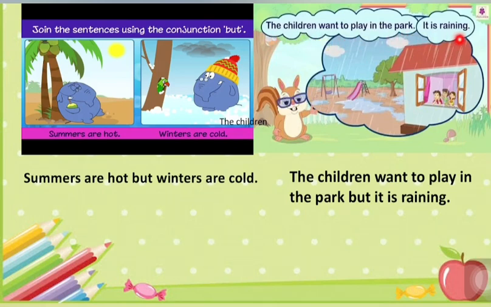Now see children, again, the opposite situation. Children, they want to play. It is raining. So that's why they are not playing. The children want to play in the park, but it is raining. Okay children, is it clear? We use but because children, they are not playing but they want to play. So the situation is opposite or there is a difference in the opinion.